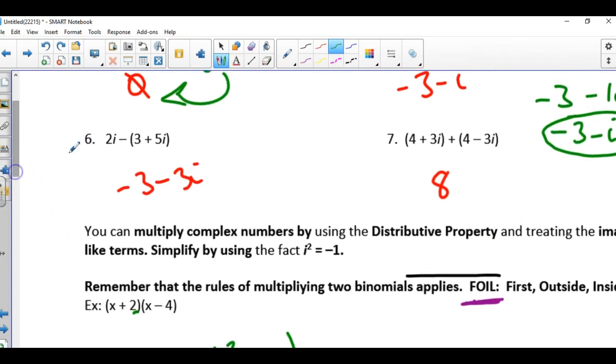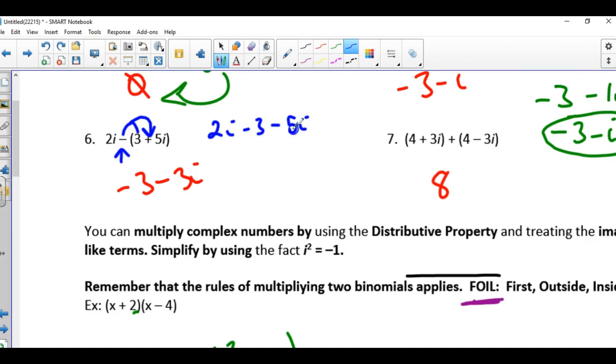Number 6, real with real, imaginary with imaginary. But at first, I want you to recognize this right here, the negative. Distribute the negative, all right, to both sides. So what you have is 2i minus 3 minus 5i, okay?